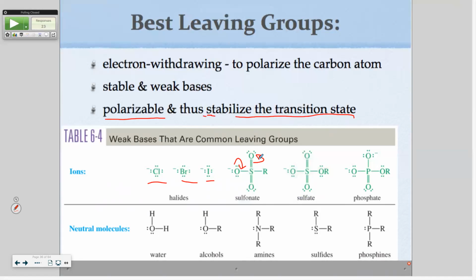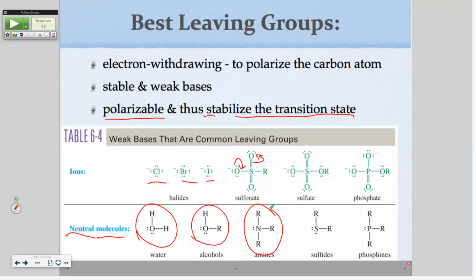That's going to super stabilize those leaving groups. Now, the other really good leaving groups are neutral molecules, in particular small neutral molecules. So you will see water used as a leaving group, little alcohols, little amines, used as leaving groups.